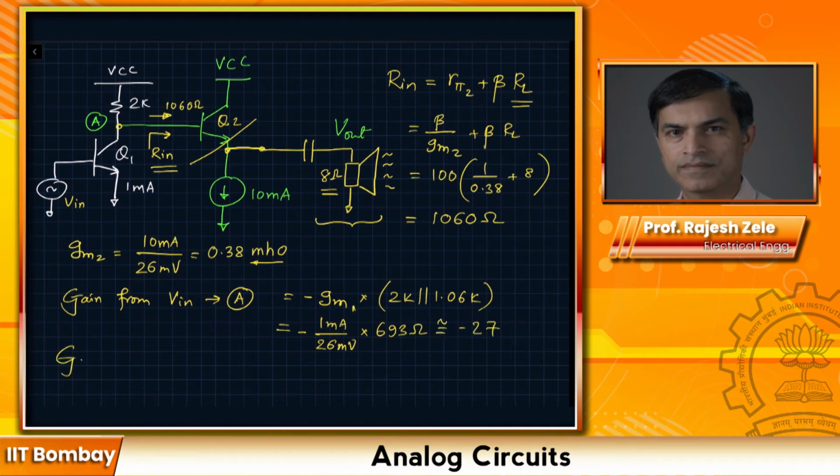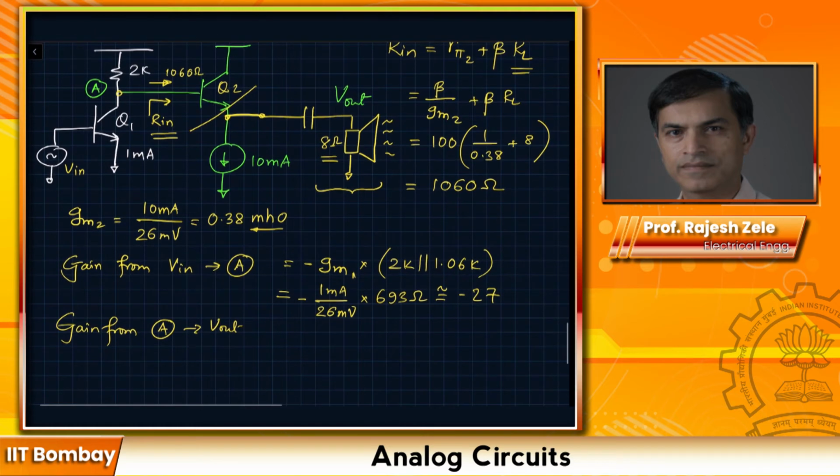Also, the gain from node A to Vout. What is that going to be? We just did that maybe in the previous lecture at the tail end, and it looks like (1 divided by R pi 2 plus GM2) divided by (1 divided by RL plus 1 divided by R pi 2 plus GM2).